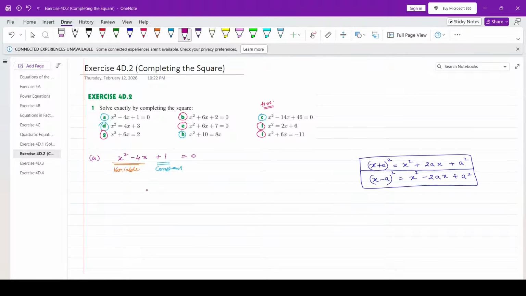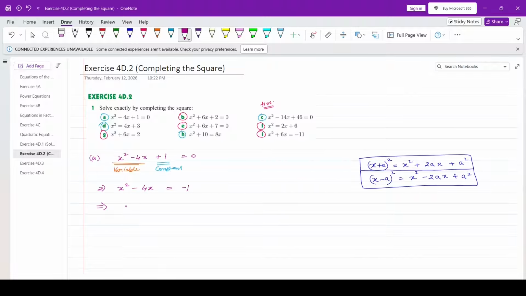Now here what we need to do, we need to separate variables and constant on either side of this equal to sign. So we rearrange the equation and we write it like x square minus 4x is equal to -1. So now this constant part is on the right hand side and variable part is on the left hand side. And now we need to manipulate this equation to write in either of these two forms we have here.